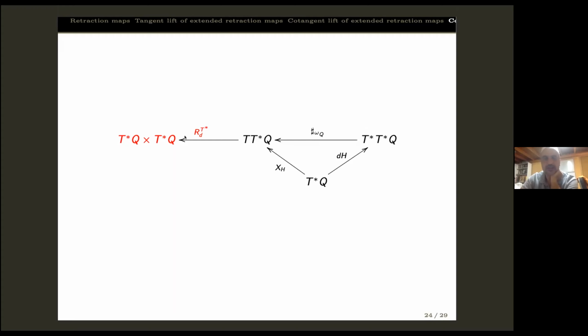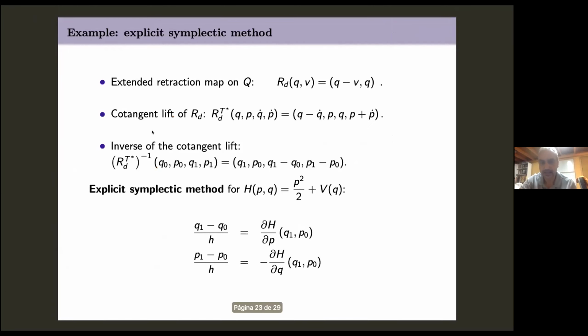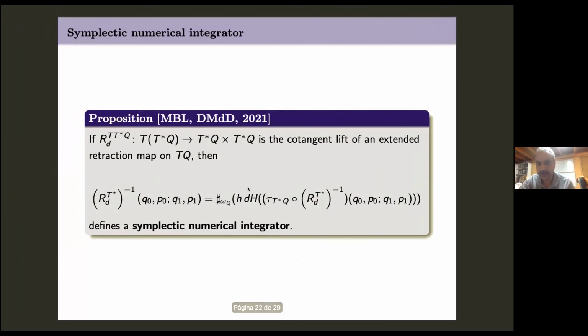We have automatically here a Lagrangian submanifold. I don't want to enter into the details, but here we also define a Lagrangian submanifold, and this is precisely the numerical method. You have a Lagrangian submanifold of this space. Automatically you have a symplectic method, the one that appears in this equation here.